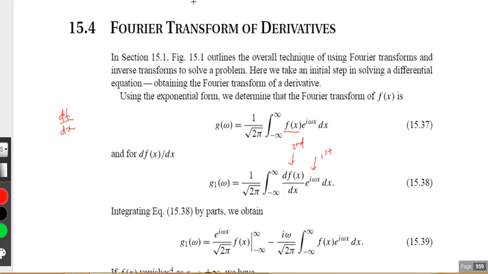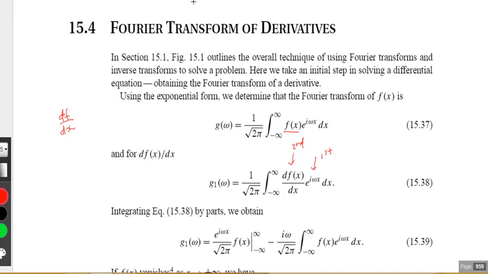Now the limit is minus infinity to plus infinity, minus integral of the derivative of the first function. So the derivative of e raised to i omega x will be i omega into e raised to i omega x, the derivative of the first function into the integral of the second function. The integral of the second function is again f of x dx, with limits minus infinity to infinity. 1 by root 2 pi is what we see first. Okay.